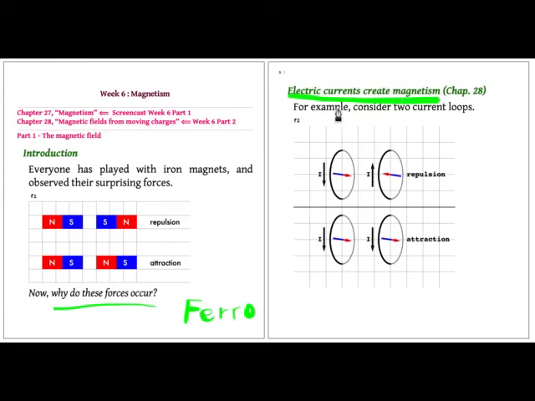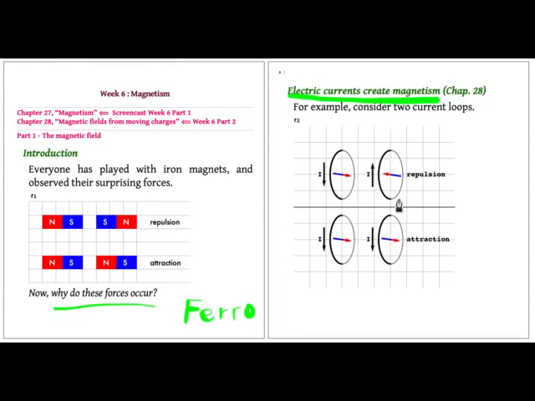For example, we'll see that if we have two current loops, oriented in one way, they repel each other. If the currents in these two loops of wire are in opposite directions, then there's repulsion. On the other hand, if the currents are in the same direction, then these two current loops will attract each other.